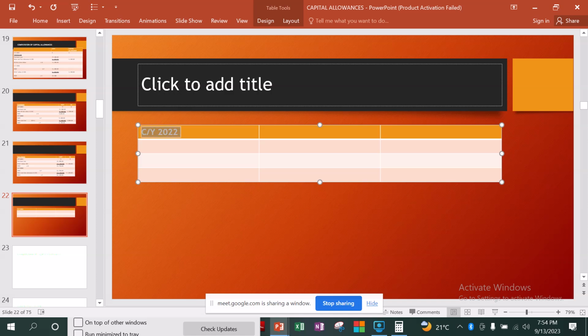Okay, that's what we have, and we have the cost, and we have capital allowance, the kwacha.